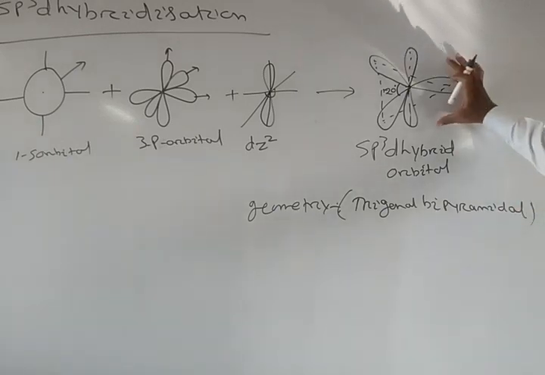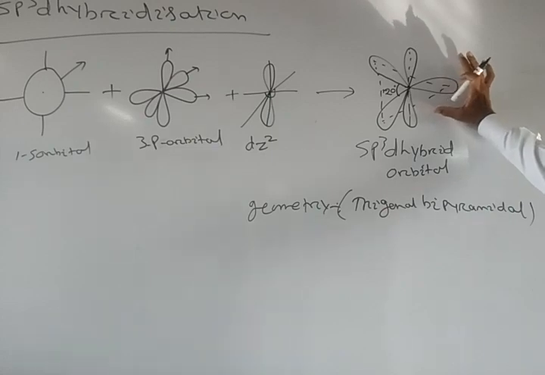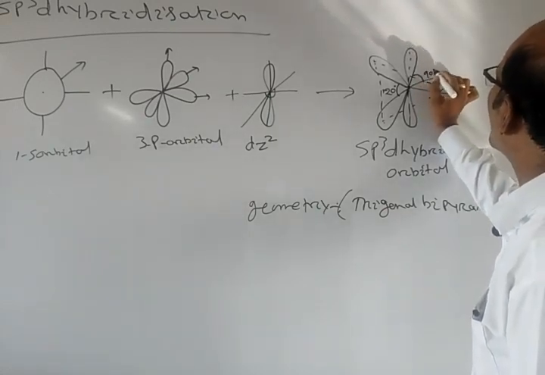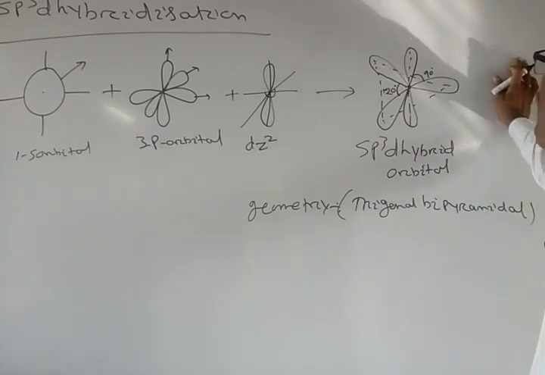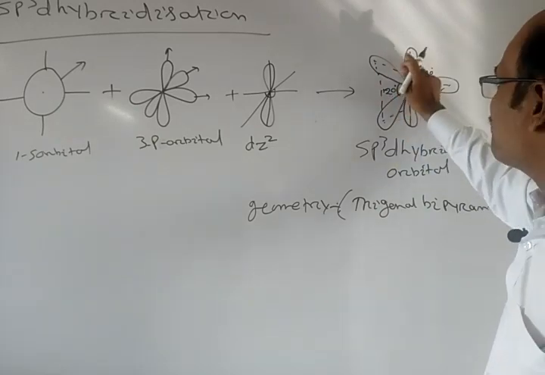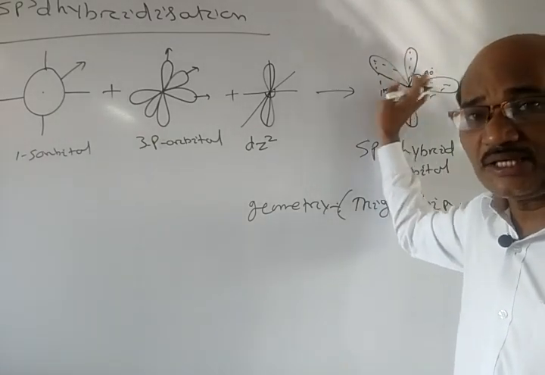While the remaining two sp3d hybrid orbitals form an angle of 90 degrees with the first three equatorial hybrid orbitals. So we have two kinds here, one axial and another equatorial. Here all the sp3d hybrid orbitals are not the same in nature.